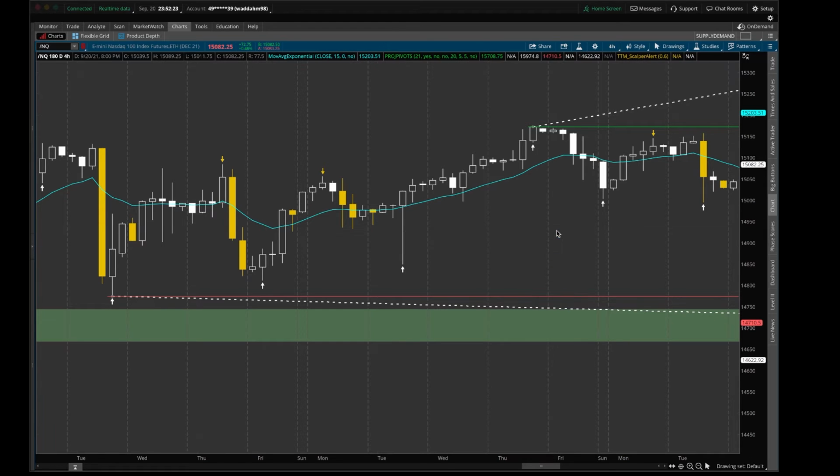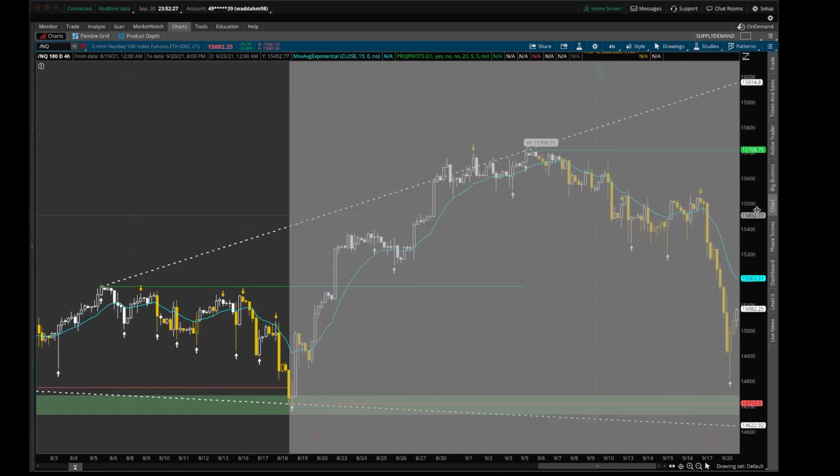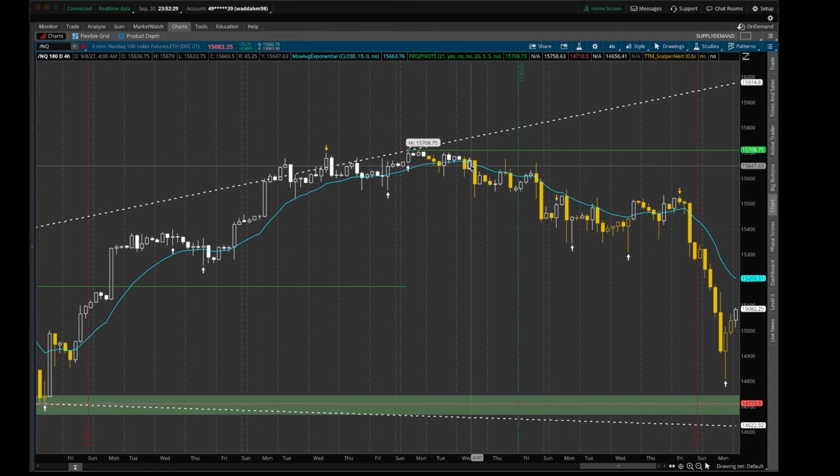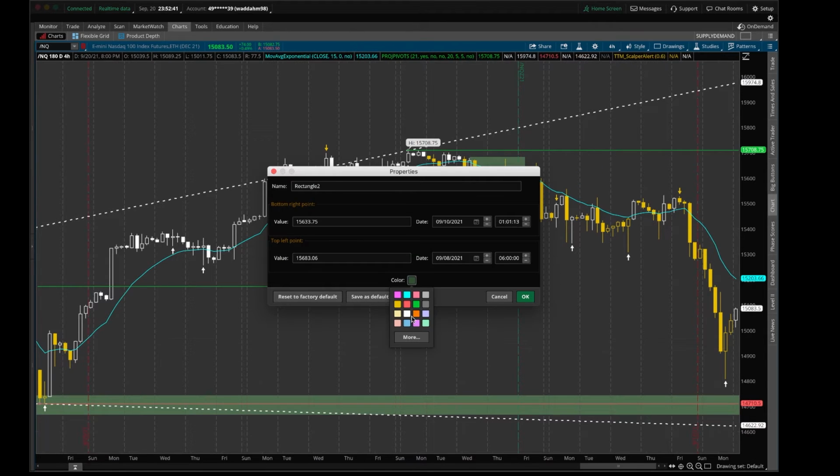Now, try to find some more here. I see one right there. There's a consolidation followed by a sharp move to the downside, and I'll chart the consolidation and change that to red again.